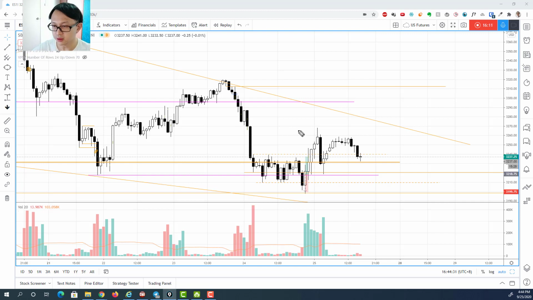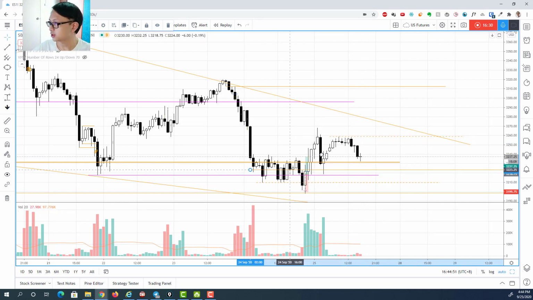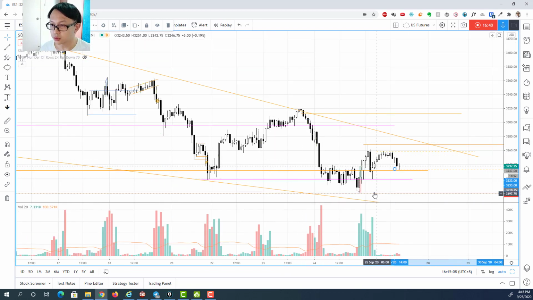Okay, so for the session later, my trading plan was actually, let me just quickly draw up the levels. What I would like to draw is the non-RTH high, which is somewhere around here, 3260, and also the previous day high, about 3270, and also the non-RTH low, which is currently unfolding, and also the day low, somewhere around 3200.